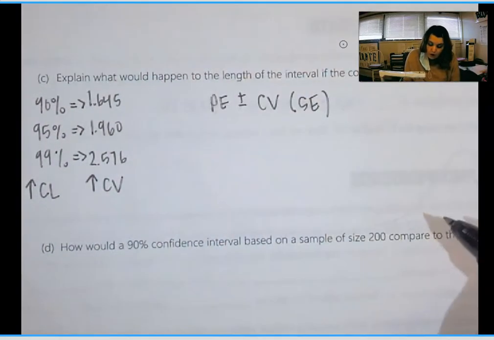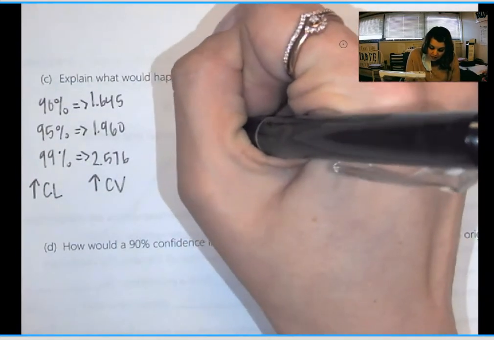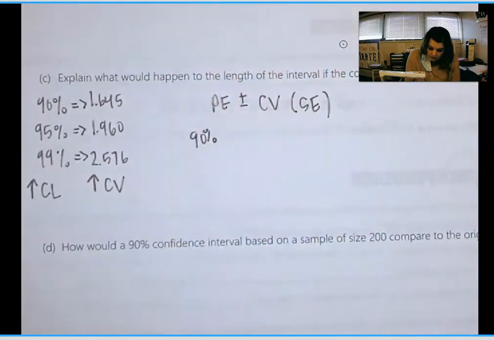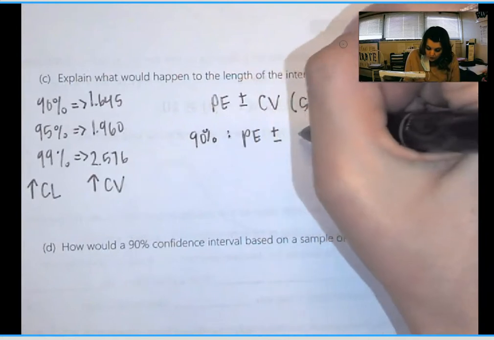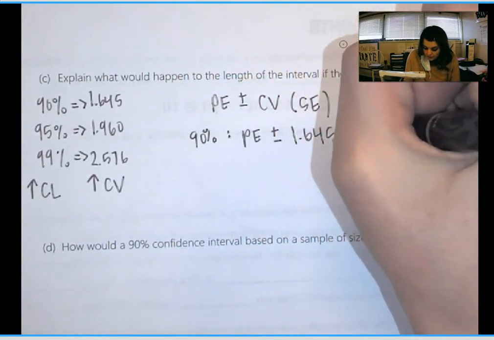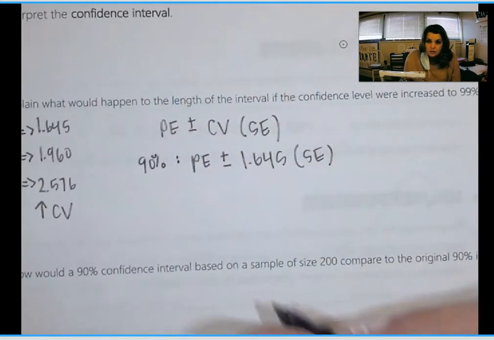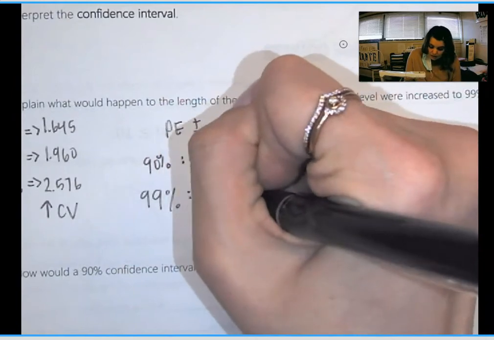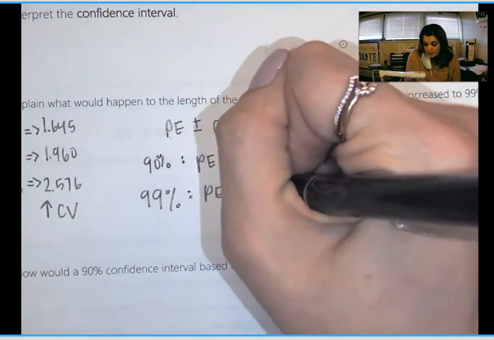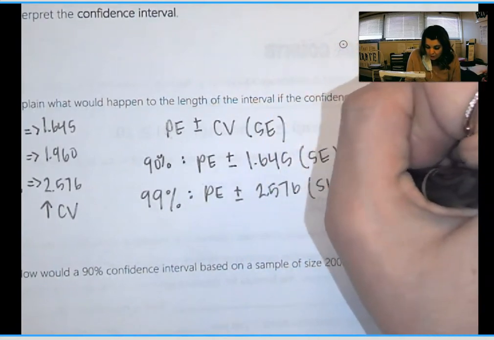Okay, well, if all we look at is the confidence level, for 90%, which is what we start with, you take your point estimate plus or minus 1.645 times your standard error. If we increase it to 99%, that changes it to your point estimate plus or minus 2.576 times your standard error.